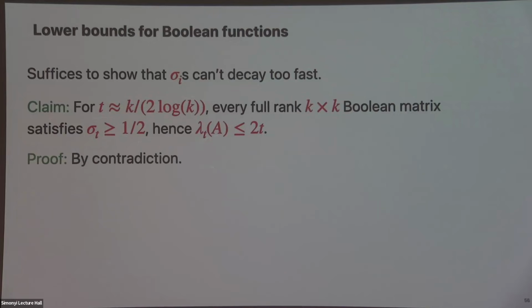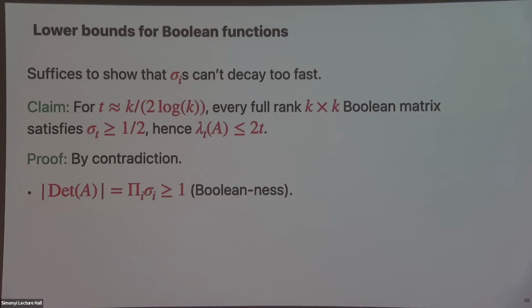So why is this claim true? It's just a Markov inequality kind of in the exponent, right? It's a proof by contradiction. The only place where we are using Booleanness and not boundedness is to say that the determinant is at least 1, right? So that means the product of the singular values is at least 1, right?